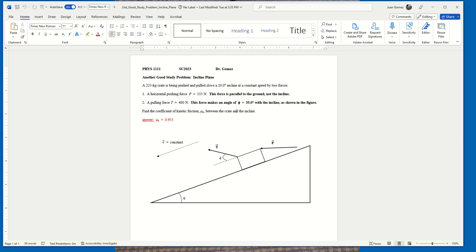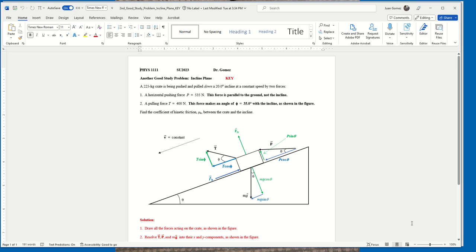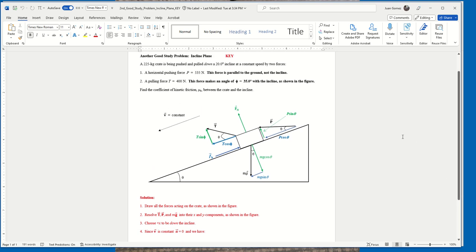Let's go ahead and bring up the solution. The first thing you want to do is always, before you do anything, draw all the forces. Then use basic trig to get the components. Then apply Newton's second law in the x direction and in the y direction. So that's always the rubric.